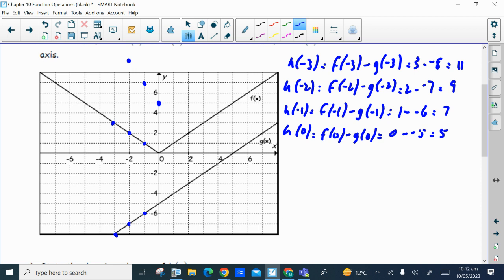Let's see if that pattern continues by finding h at 1. F at 1 is 1, minus g at 1 is -4. So that also is 5. So now that pattern has changed.